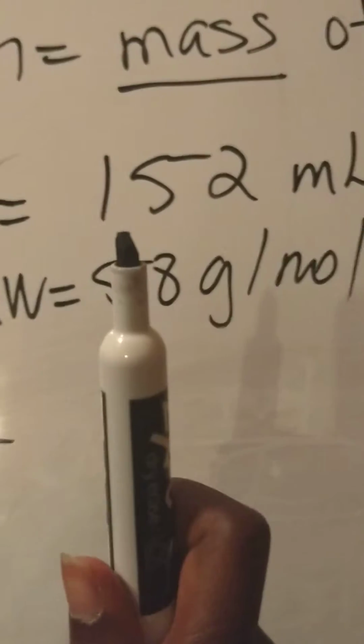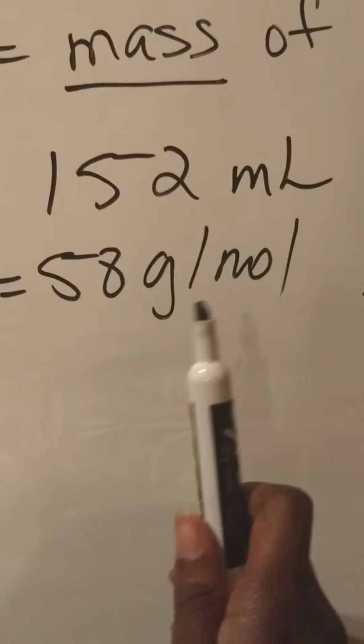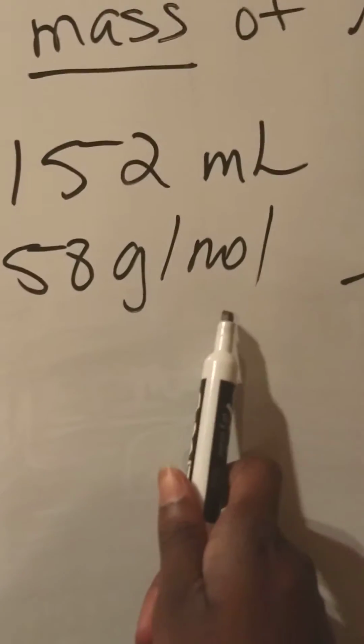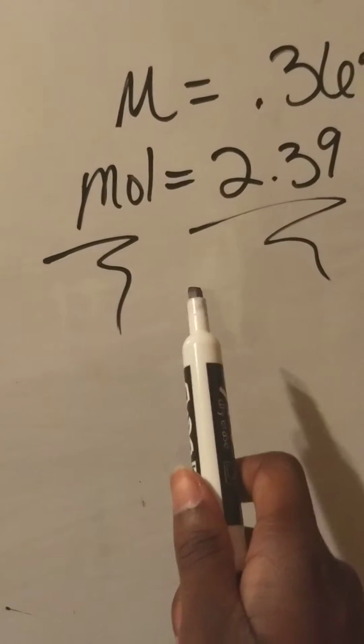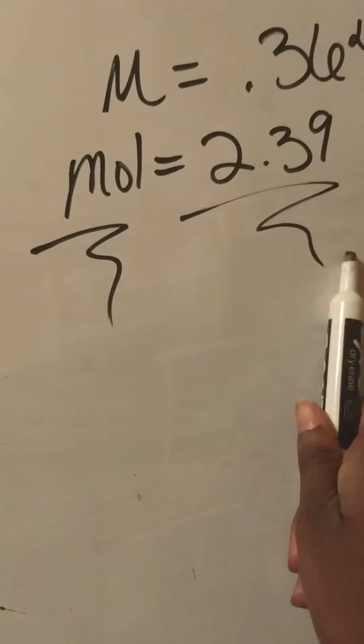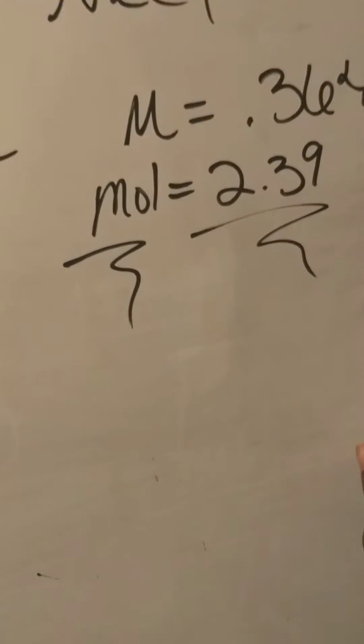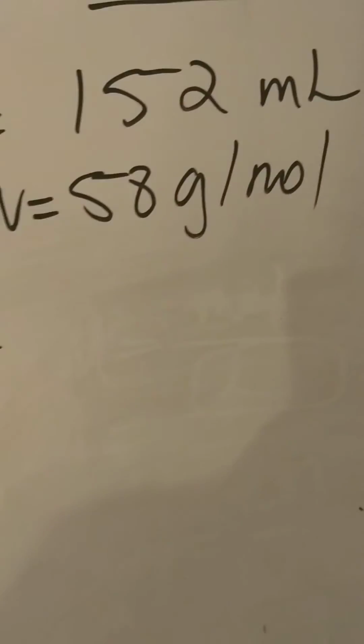So, what we will do now is take the molecular weight, 58 grams per mole, and moles, 2.39. And we will do a unit conversion to give us ultimately grams, which will be our answer for the mass of NaCl. So let us begin.